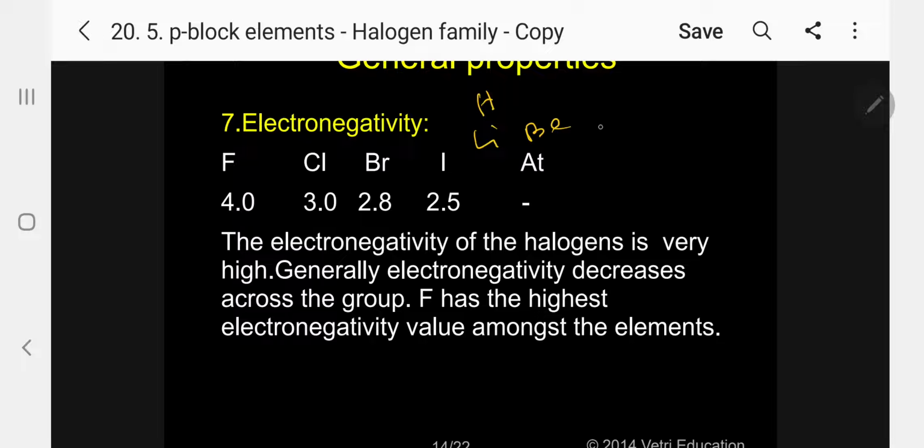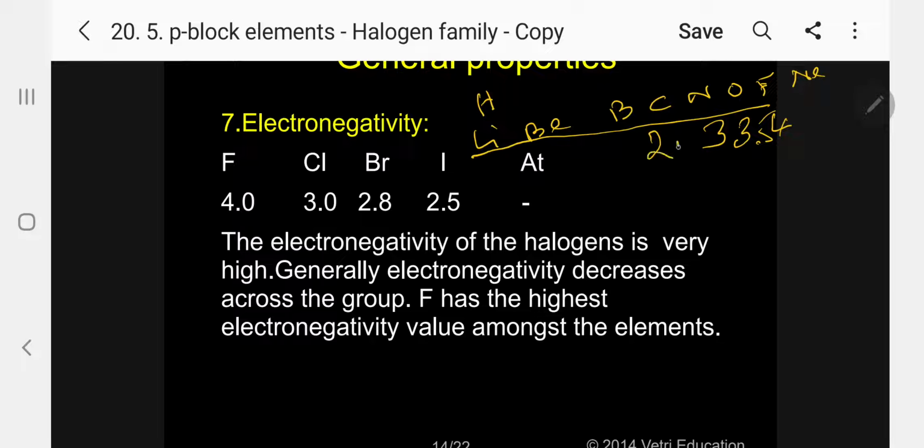I am writing boron, carbon, nitrogen, oxygen, fluorine, and then again neon. We will concentrate on these two only. So this is 4. Please students, you have to memorize this. That's why I am giving it. 4, simply minus 0.5: 3.5, 3, 2.5, 2, 1.5, 1.